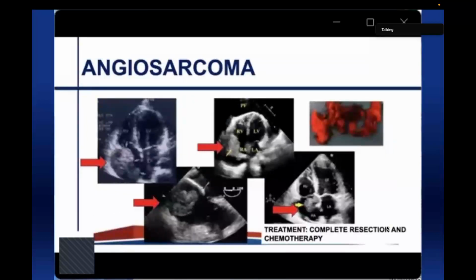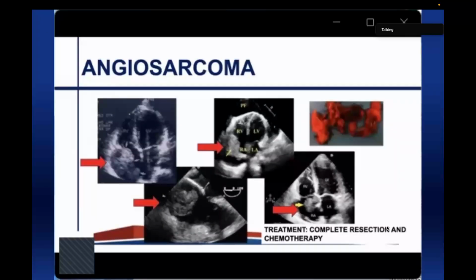Okay, here's your angiosarcoma. In general, sarcomas are characterized by rapid progression that culminates in the patient's death within weeks to months from the time of presentation as a result of hemodynamic compromise, local invasion, or distant metastases.